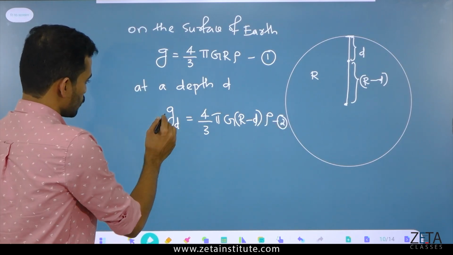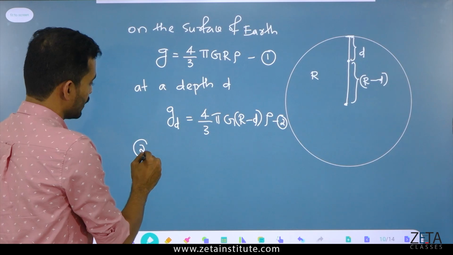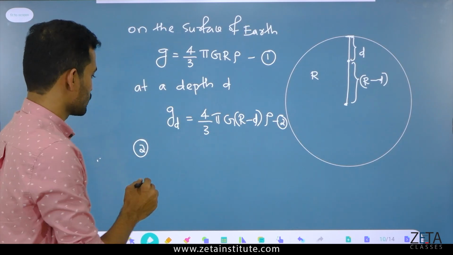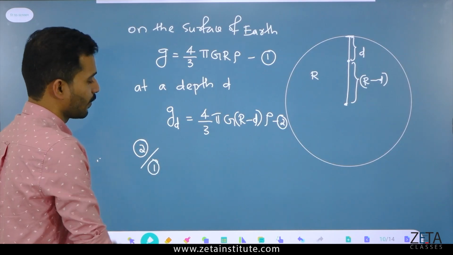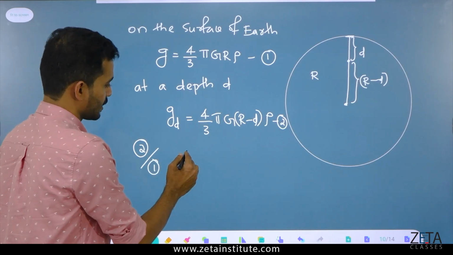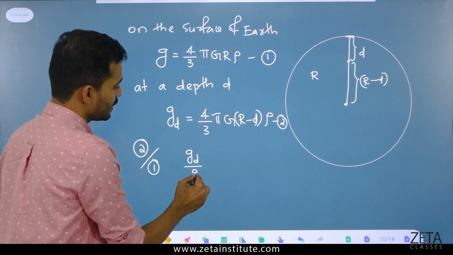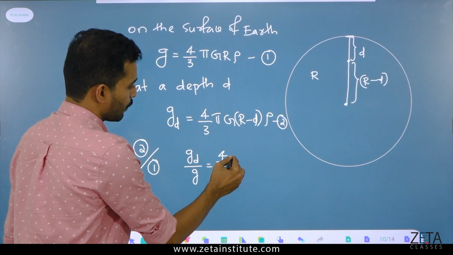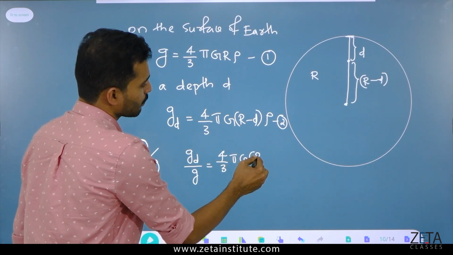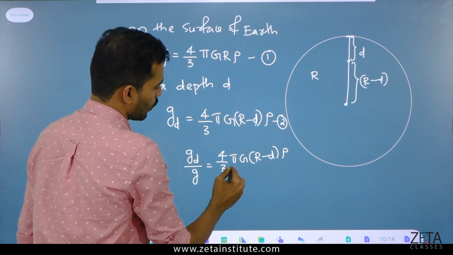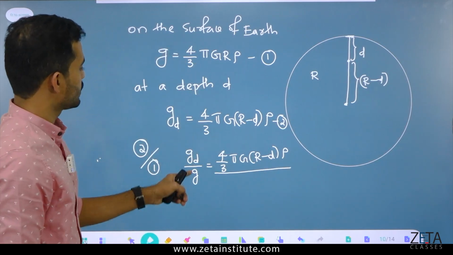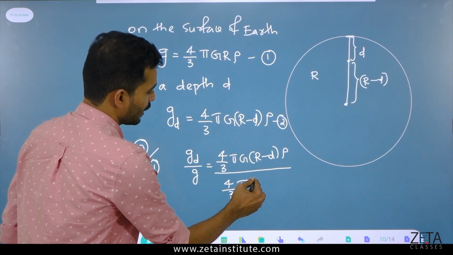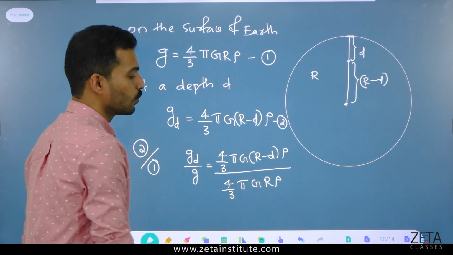Then what is next? You have to find the acceleration due to gravity at a depth d in terms of acceleration due to gravity on the surface of earth. So what is equation 2 by 1? Gd by g is equal to 4 by 3 pi G (R minus d) rho divided by 4 by 3 pi G R rho.